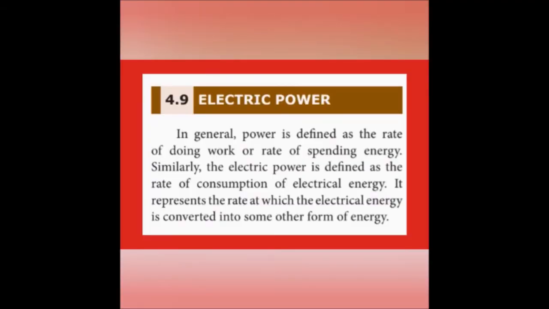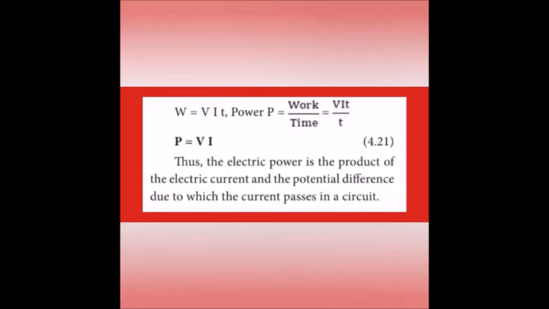Electric power is defined as the rate of doing work or rate of spending energy. Similarly, electric power is defined as the rate of consumption of electrical energy. It represents the rate at which electrical energy is converted into some other form of energy. The work done W to move the charge across the ends of the conductor is given by the equation W equal to VIT.